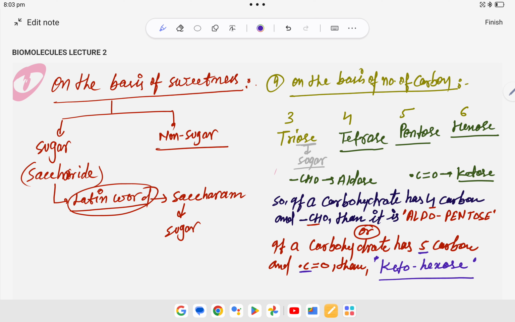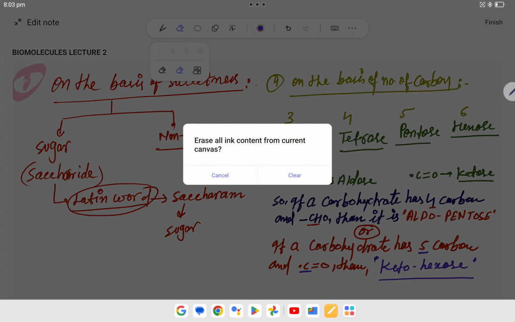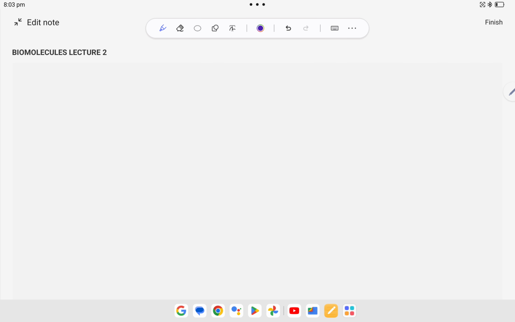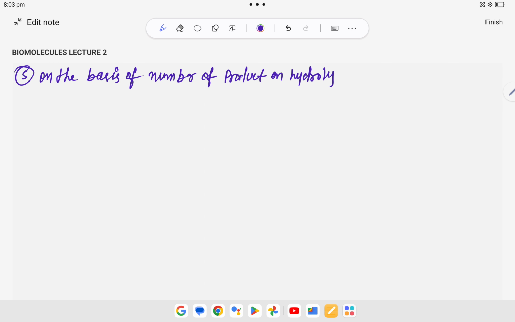Next classification, number 5 and last classification of carbohydrate: on the basis of number of products of hydrolysis.